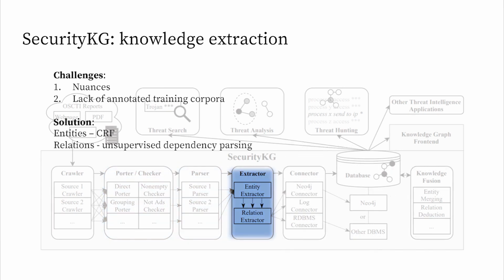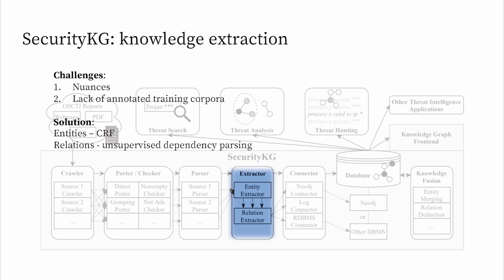We adopt a conditional random field model to extract security-related entities in unstructured texts. Compared to general named entity recognition, we are faced with two unique challenges. First, the presence of massive nuance particular to security context. Second, lack of large annotated training corpora.